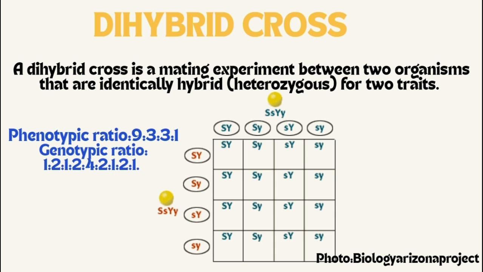So we're going to end up with 16 boxes in order to do a dihybrid cross. And the phenotypic ratio is going to end up with a 9 to 3 to 3 to 1. Genotypic ratio, you're going to end up with a 1 to 2 to 1 to 2 to 4 to 2 to 1 to 2 to 1, right? So this is what is expected at the end of the day for the dihybrid.